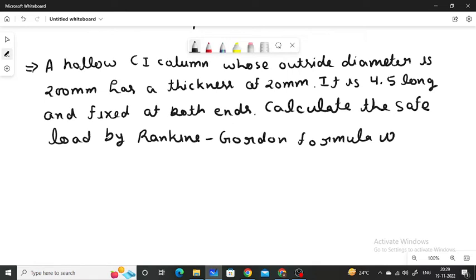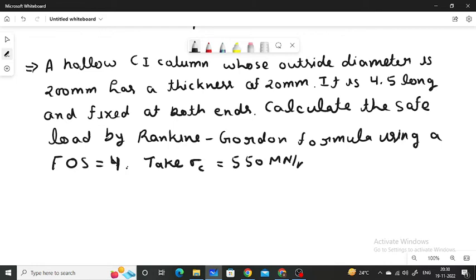Using a factor of safety of 4, take sigma C is equal to 550 meganewton per meter square, and A is equal to 1 upon 1600.